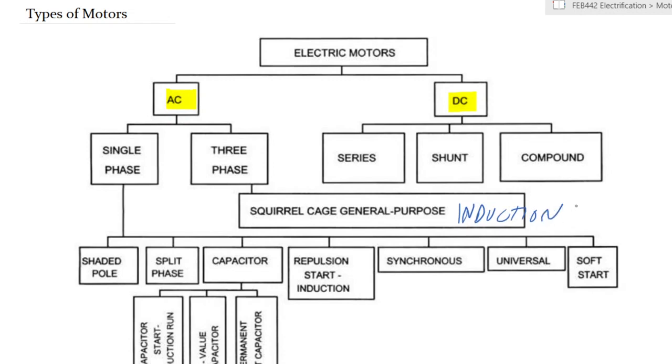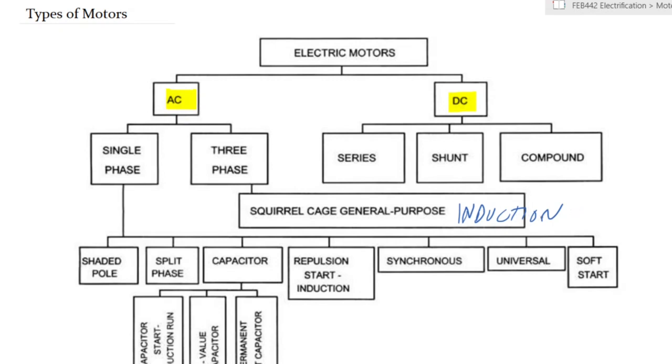The reason for that, as we shall see in the rest of this lecture, is that we make use of the principle of electromagnetic induction to create the mechanical power, or the torque, that we are talking about.